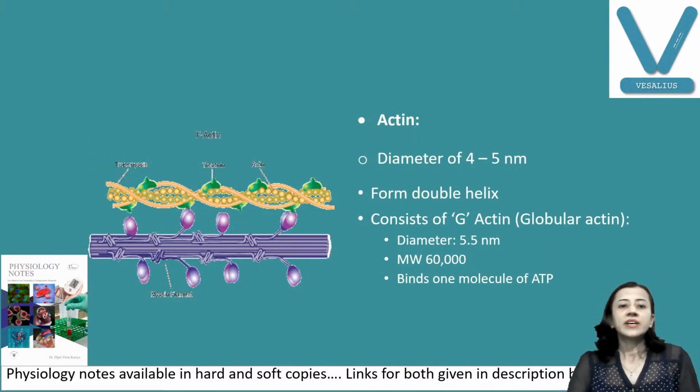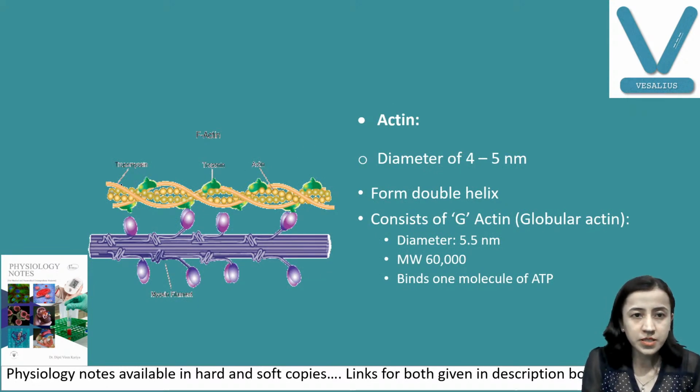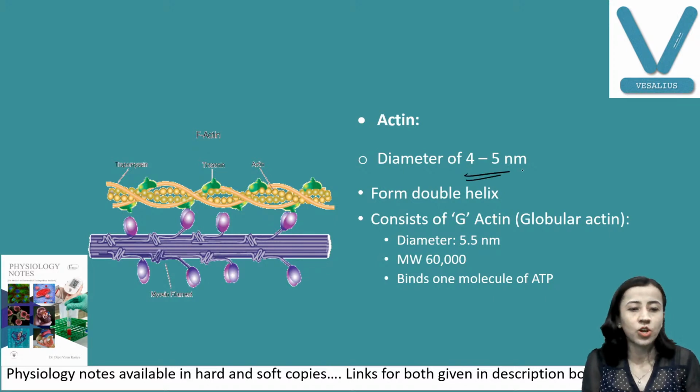Now we discuss actin. You can see here, this is the actin filament. It has a diameter of 4 to 5 nanometers. This is all you have to remember. It forms a double helix, and it extends from the Z line. It consists of globular actin, G actin molecules.